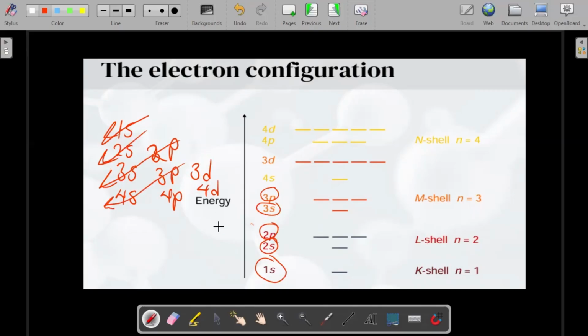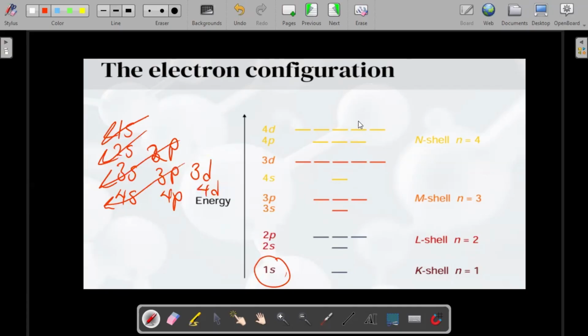You always start from the lowest energy level. As you can see, this is the orbital diagram showing how the electrons are going to be put, starting from the lowest energy level, which is the 1s, going up to the 3d, which is the highest energy level.